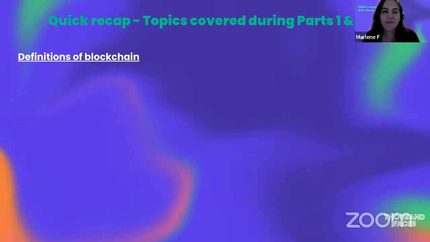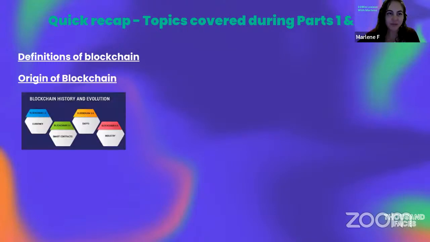Okay, yeah. So I will do a quick recap of what we've learned in the last lessons for blockchain. Like this, you can get all this information and we can dive in today. So we already looked at a few definitions of blockchain. We looked at the origin of blockchain, knowing how it was created.